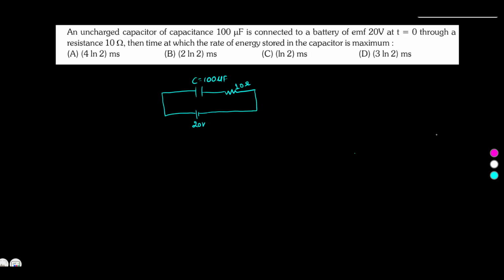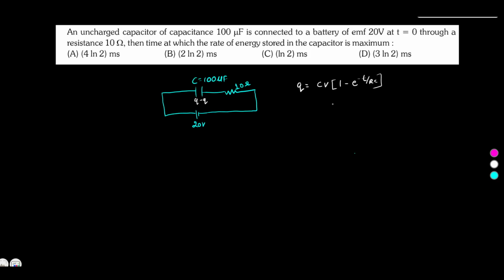So this is a case of charging of a capacitor, and for charging of a capacitor we write the charge on the capacitor Q as Q equals CE times (1 minus e raised to the power minus t by RC).